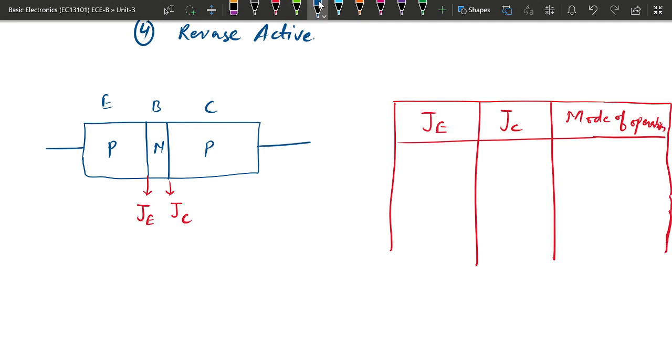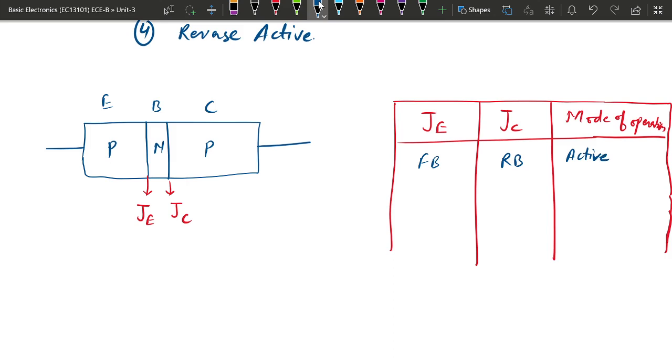If the emitter junction is forward bias and collector junction is reverse bias, then the BJT will be working in active mode.